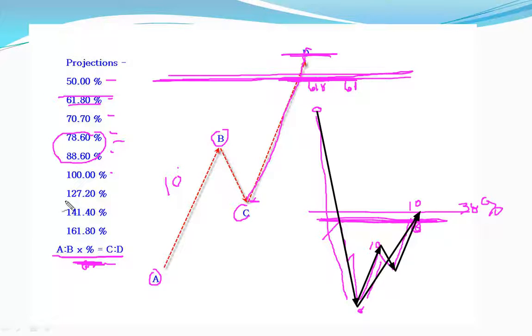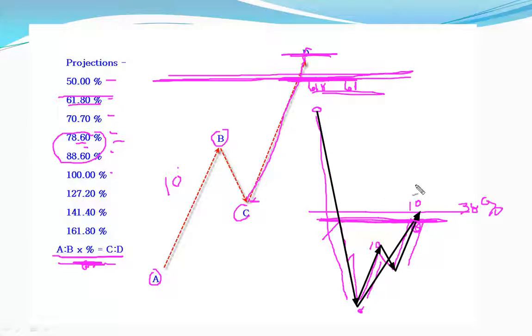So again, you're still looking at that A to B times 786, 886 would equal that C to D leg, you see? So you want to be careful when you're looking at this, because a lot of times in books or out there in the marketplace, people call that a measured move. And although, yes, typically it's called a measured move, it's not really a measured move all the time. Sometimes it'll fall short, maybe a 618.